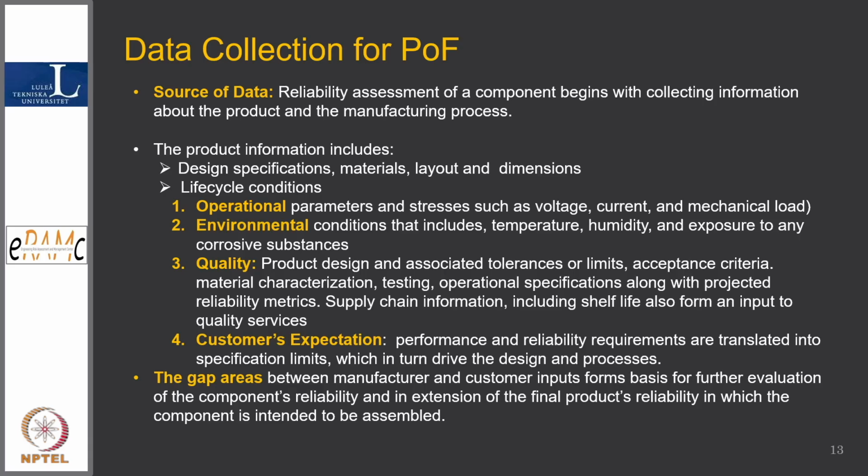What we do here is the product information is collected, and what is that information? Design specification, material, layout and dimension, and of course a quality attribute is associated with this, because if there is no quality in this input, then it could be incomplete.